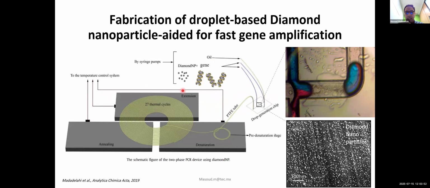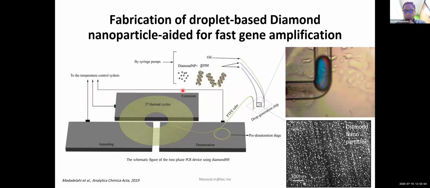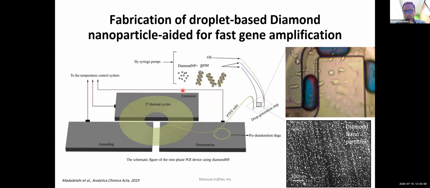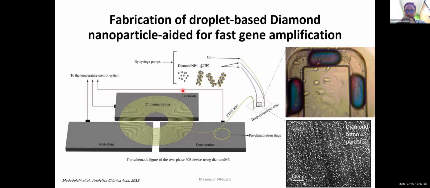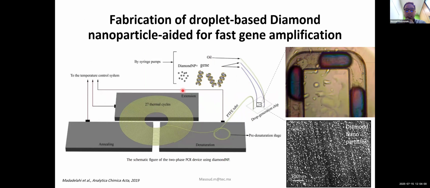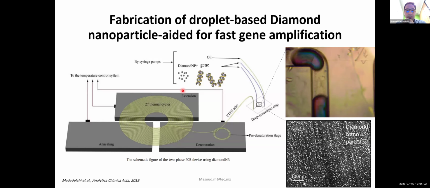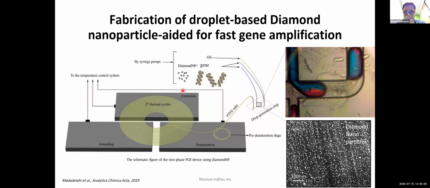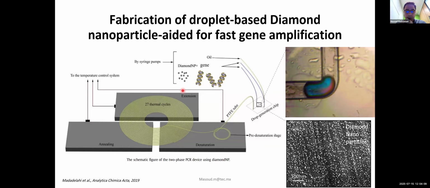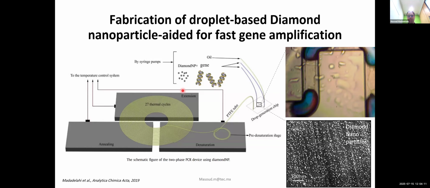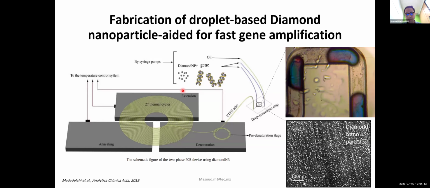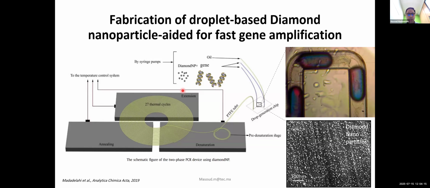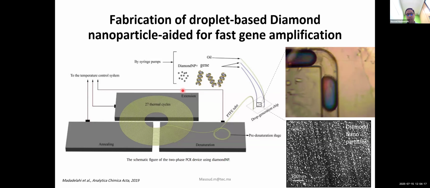Now, let's look at a real experiment to show the effect of carbon-based nanoparticles in a PCR amplification. Here, I want to present one of our works that is a microfluidic-based PCR device to amplify genes.